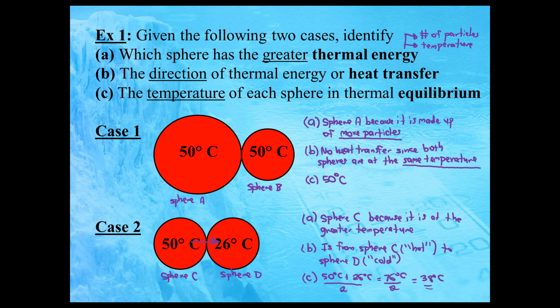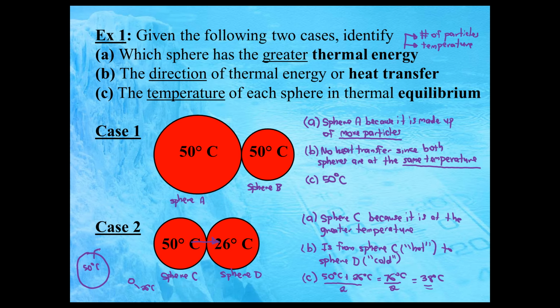Now, once again, I just want to point out this thermal equilibrium calculation only works for finding an average if the spheres have the same size. For example, if sphere 1 was 50 degrees Celsius and it was humongous, and sphere 2 was super tiny and had a temperature of 26 degrees Celsius, there's no way that when you contact these two that the equilibrium temperature is going to be 38.